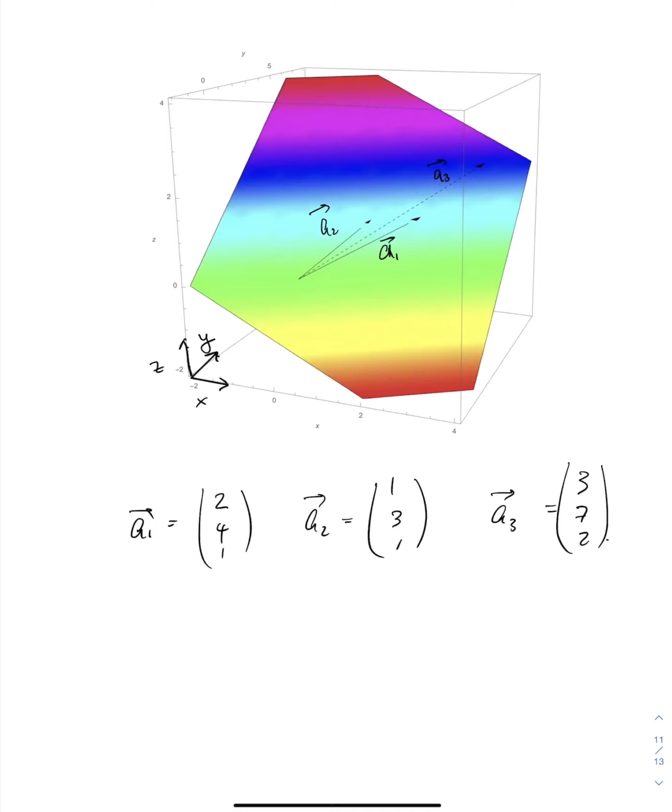And as we can see here, A1 and A2 define some kind of plane, and because A1 and A2 create a span and A3 lies in that span, that just means that A3 is in the plane defined by A1 and A2. And suddenly we have a geometric interpretation of the column space of a matrix. And we can see when it has a certain number of dimensions, 2 versus 3.